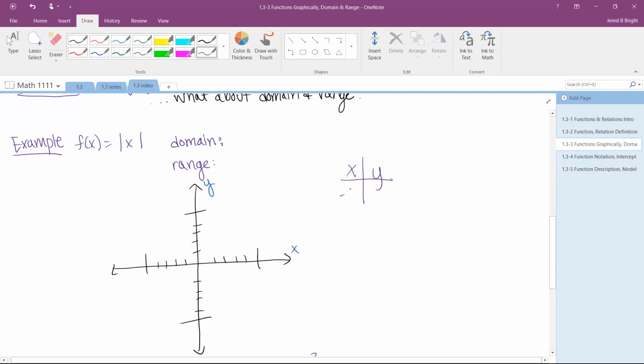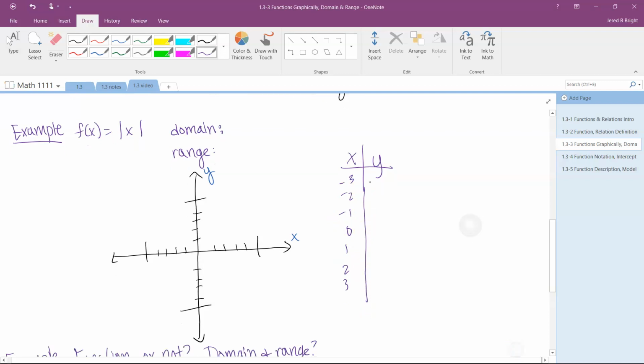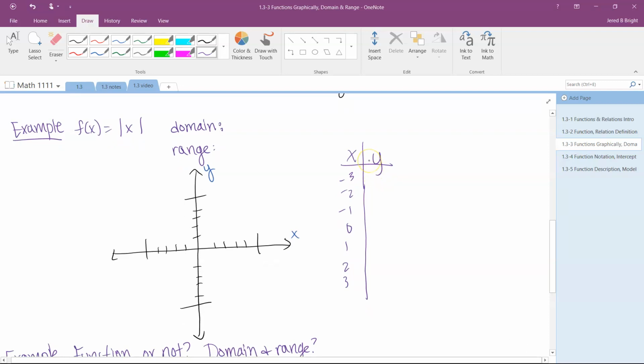I always like doing, say, -3, -2, -1, 0, 1, 2, and 3, something that's symmetric about the origin, just because wonky things can happen with negatives versus positives. Remember that in this notation, f of x really is the same as y. So if I compute y by doing the absolute value, this is 3, 2, 1, 0, 1, 2, 3. Okay, and so that's the table form of this function.